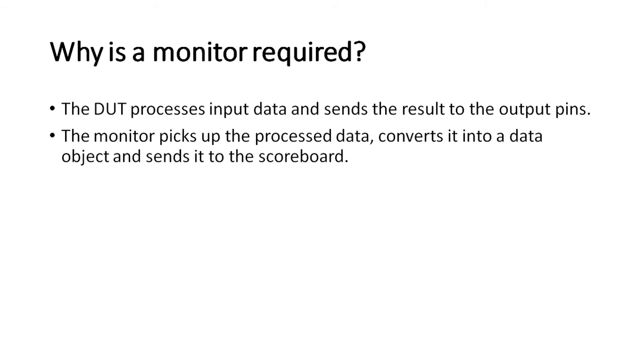So what is the monitor? The monitor is used to see the output of the DUT, and it connects to the DUT using the interface. It also converts signal level activity to transaction level activity. Here the user can see the output of the DUT with respect to the input driven by the driver.